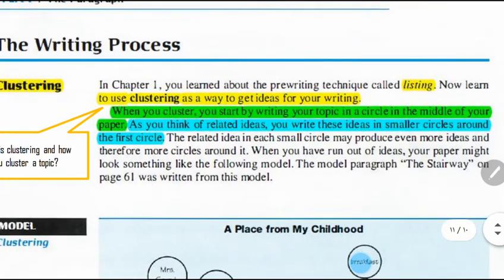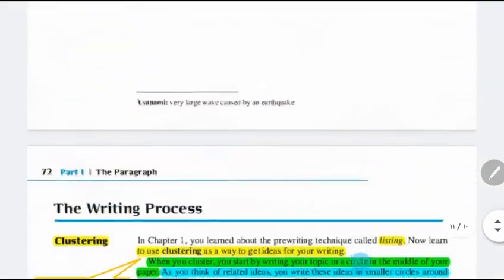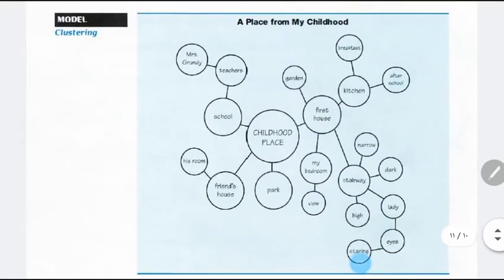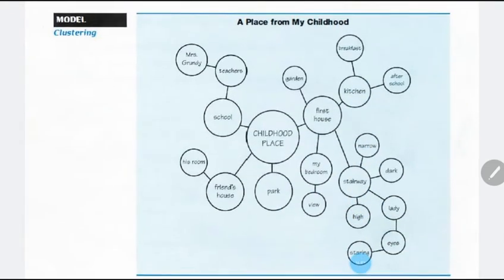So what does clustering mean? Clustering means that you write your main idea in a circle in the middle of your paper, and then you add the related, supporting ideas in smaller circles, and then you can arrange them.